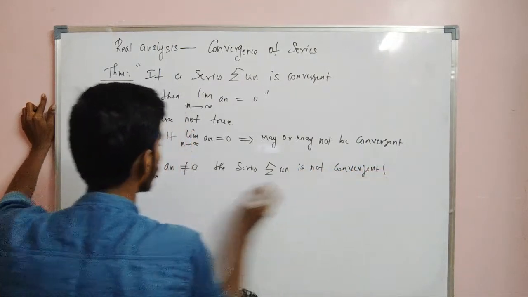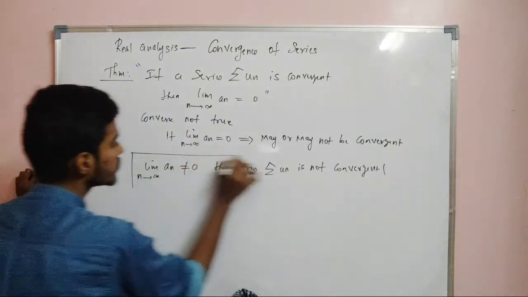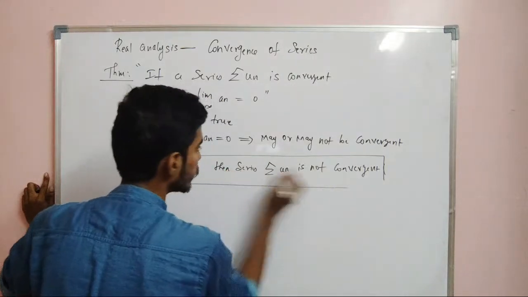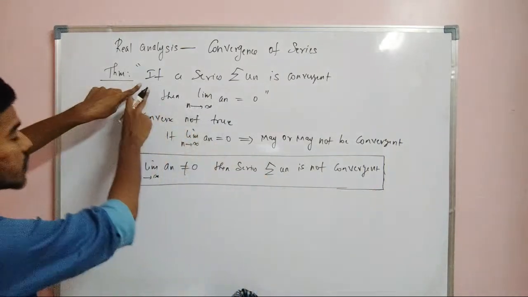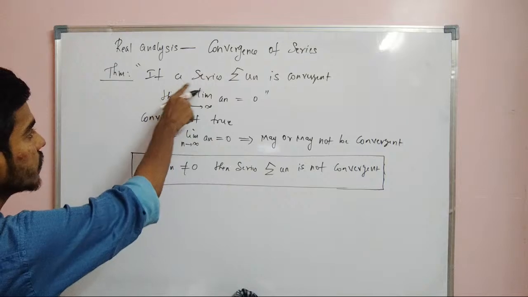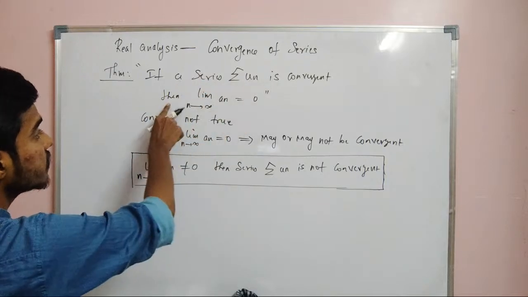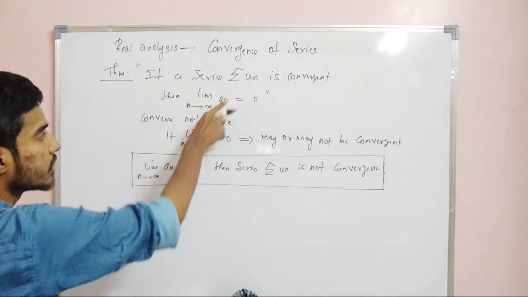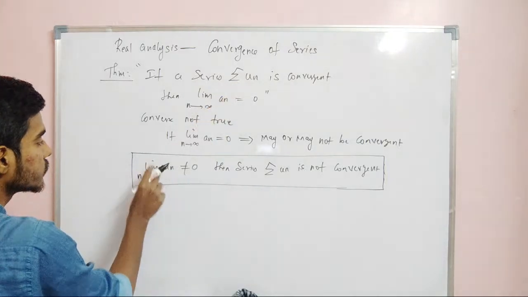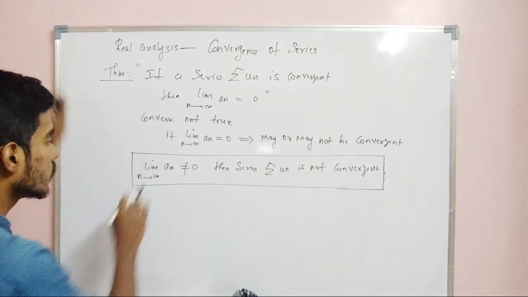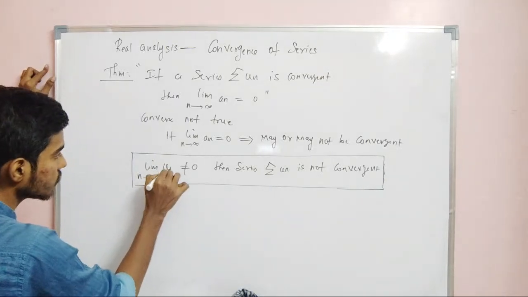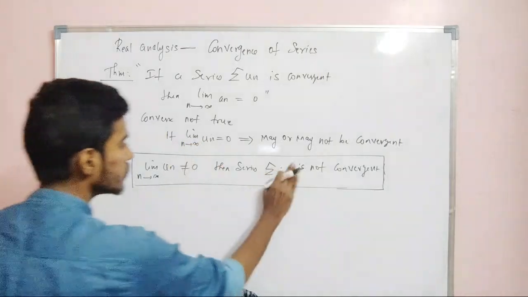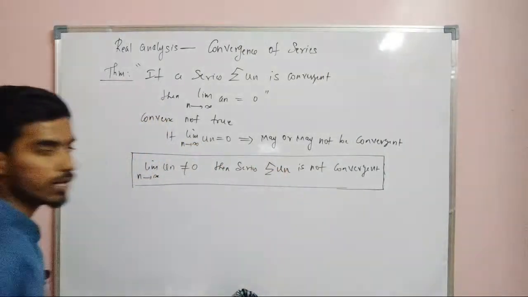If the nth term of a series does not tend to 0, then the series will not converge. I am just taking the contrapositive of the statement: if the series summation un is convergent, then this will happen; if this does not happen, the series is not convergent.